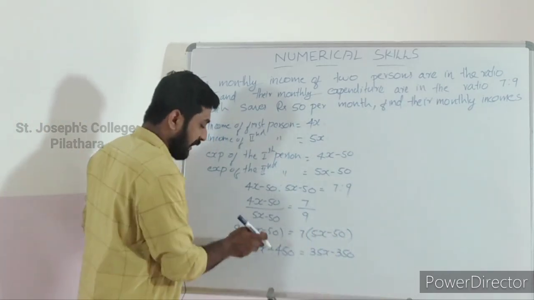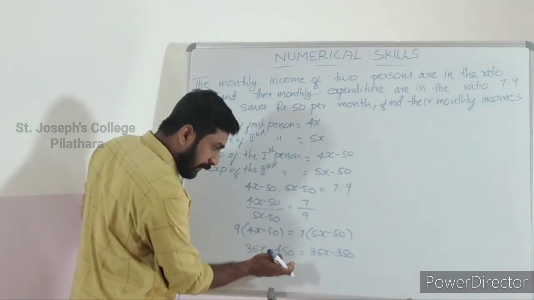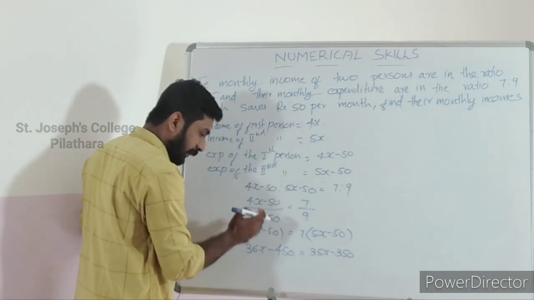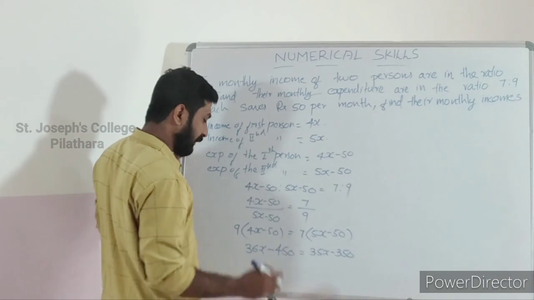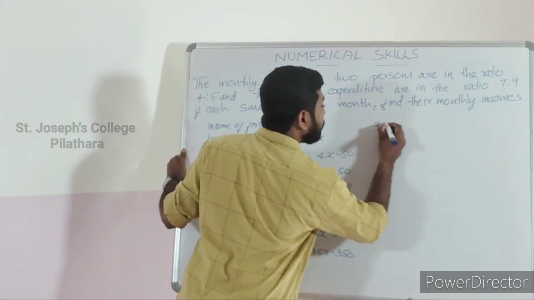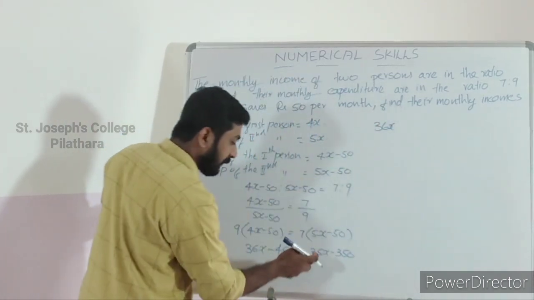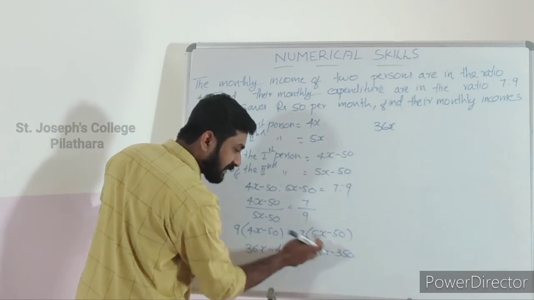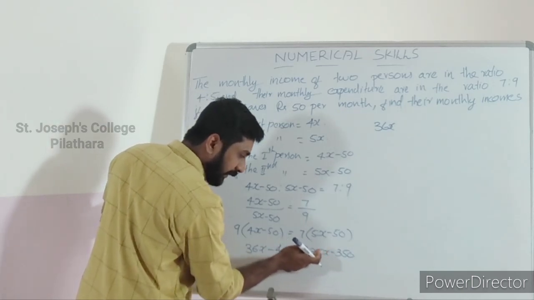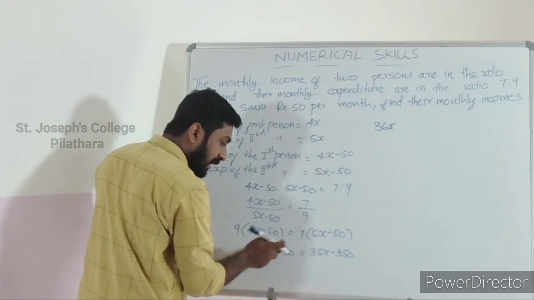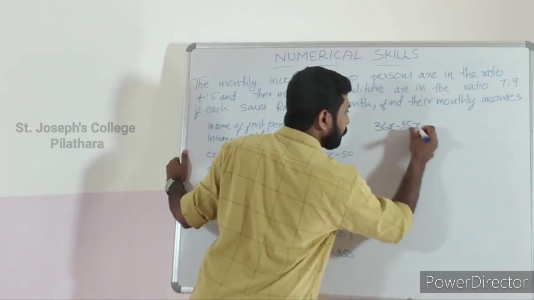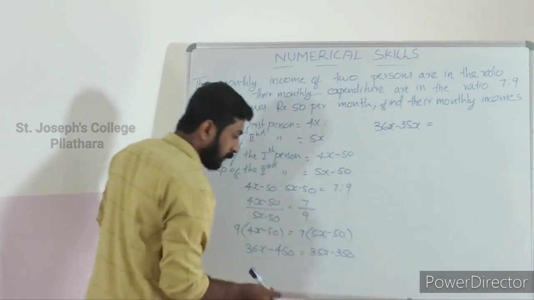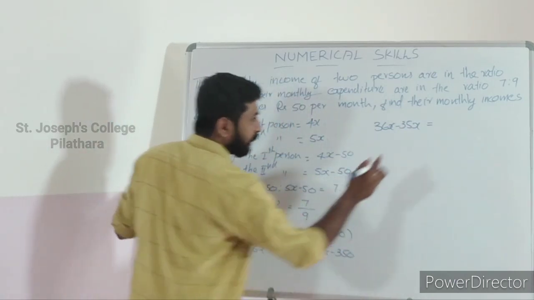For finding this x, you have to take the x terms to one side and the numbers to the other side. Here we have 36x and plus 35x. You have to take this plus 35x to the left side, so it will be minus 35x, which is equal to minus 350 here.